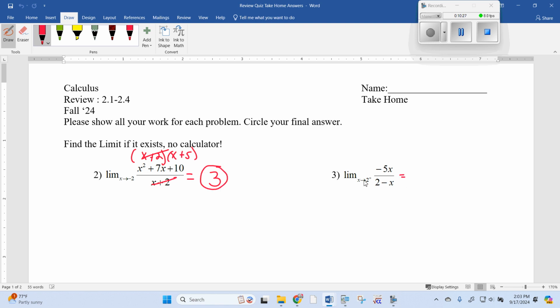If we substitute 2 in here, we get negative 10 over 0. But we are approaching 2 from the right, so we put in a number bigger than 2, let's say 3. And 2 minus 3 is negative, so that tells us from the right it's negative. But we have a negative over a negative, which tells us this goes to positive infinity.